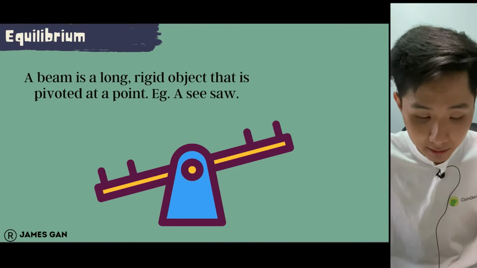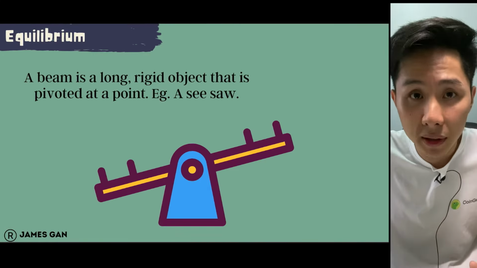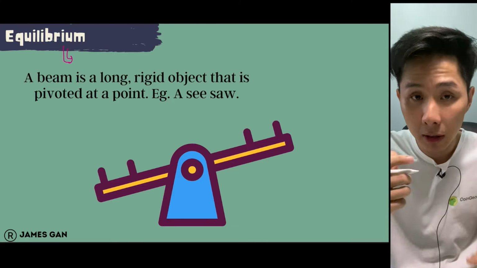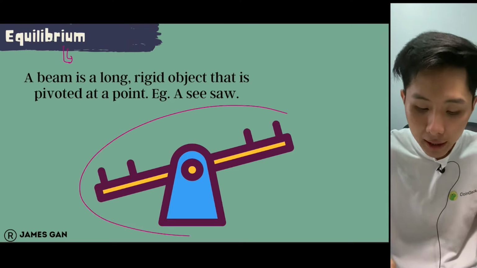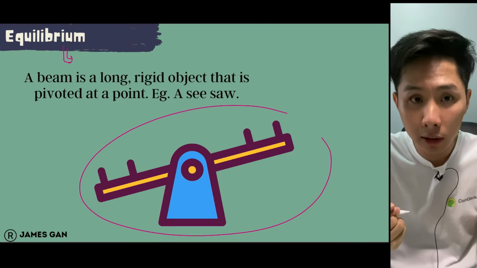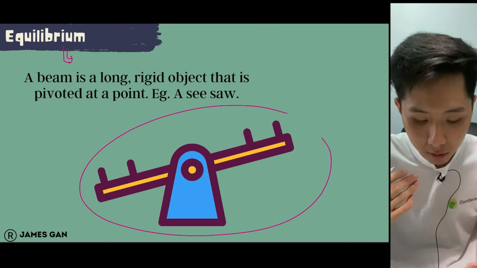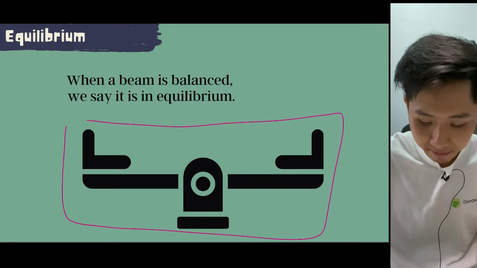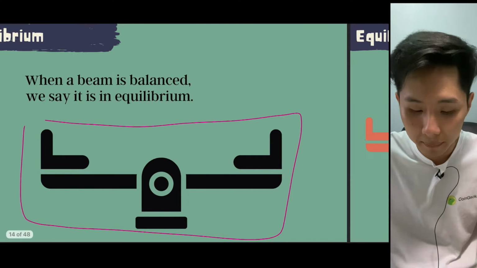That's the answer. When it comes to this chapter, a very important keyword you need to know is equilibrium. Now we know that something can turn, and something like a seesaw can turn both ways. It's important to know how to create an equilibrium so that it doesn't move anywhere.